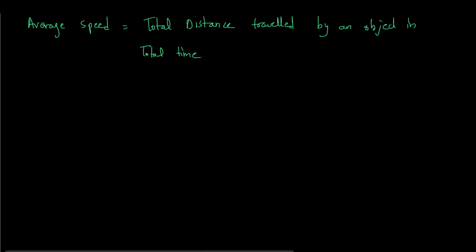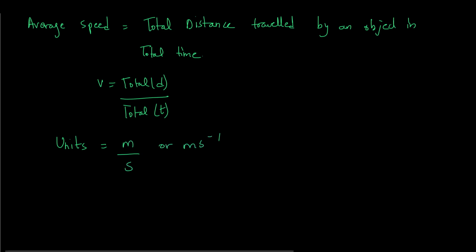Here average speed is also represented by V. Then you say total distance, total D by total T. Units will be the same as speed, because distance is again meter, or you can say meter S power minus 1. So this is about your average speed.